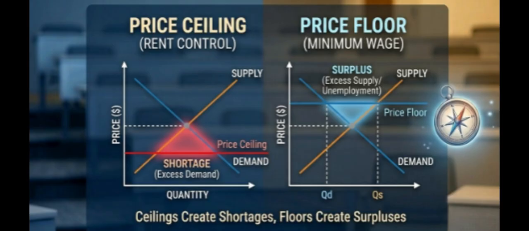A shortage is below the equilibrium point, but a surplus from a price floor is above it. You can see the blue glowing area. This creates a surplus, excess supply, that leads to unemployment, because as wages increase, unemployment increases. You can see that in the exhibit with the blue area. Again, to summarize, the takeaway is that ceilings create shortages and floors create surpluses.